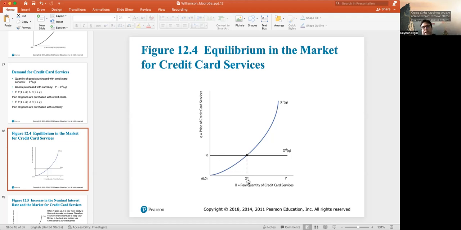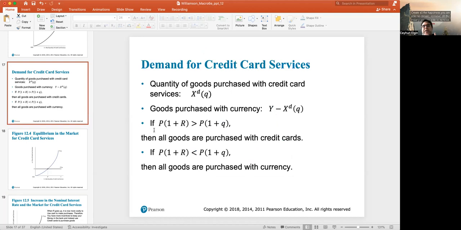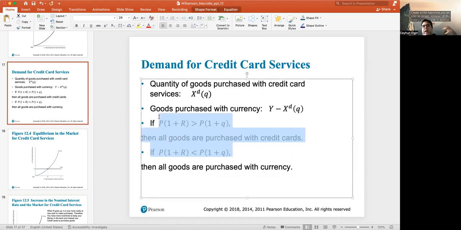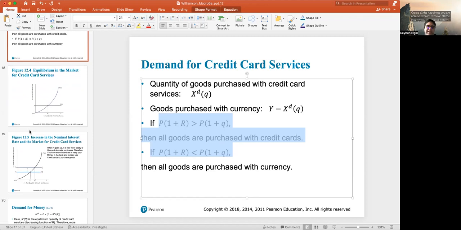And in equilibrium, as you can see, X star, the quantity of credit card services, is exactly equal to R because it is determined by R, because the equilibrium is only meaningful when R happens to be equal to Q. Because if R is larger than Q, everything is purchased with credit cards, and vice versa otherwise.